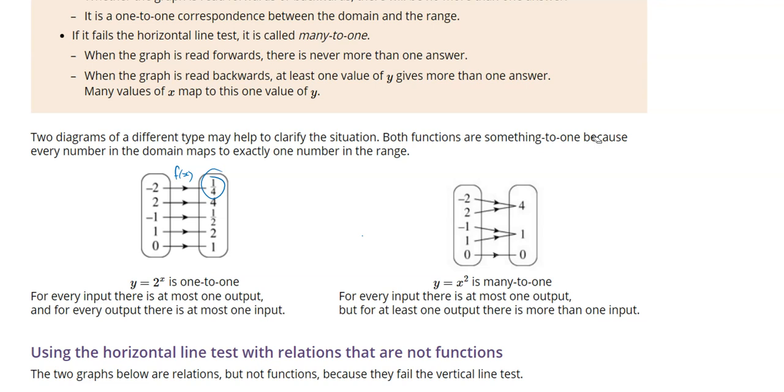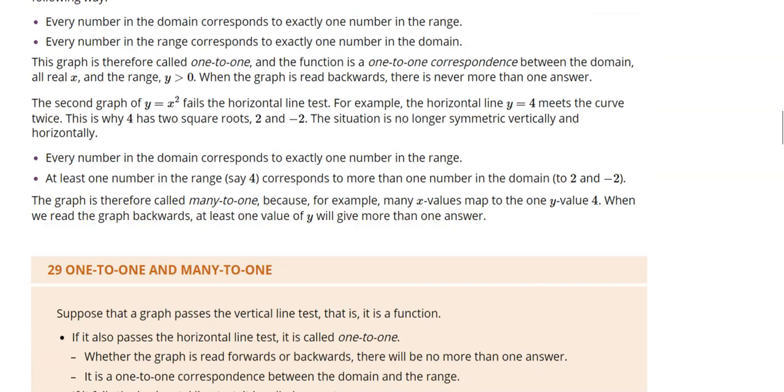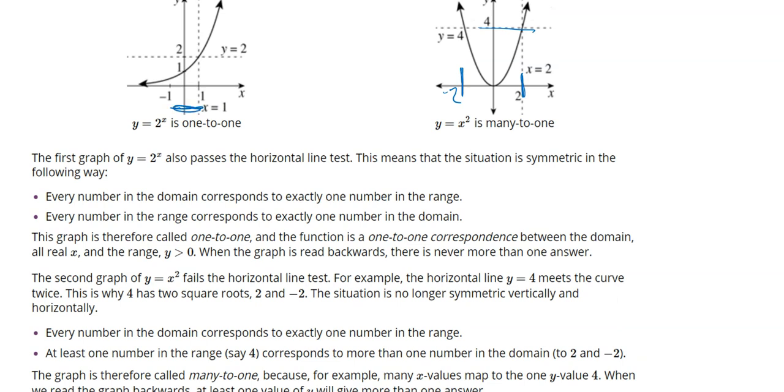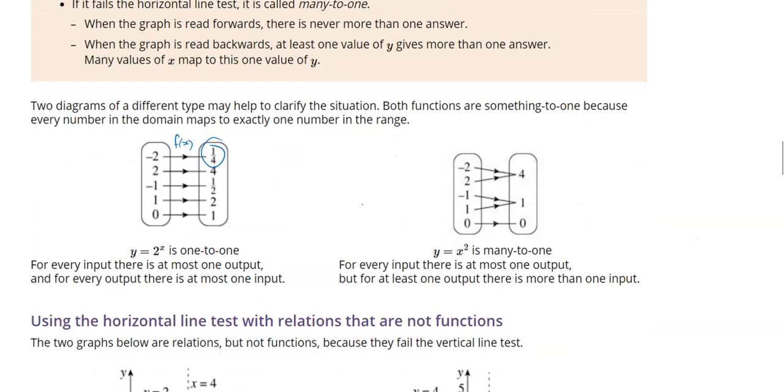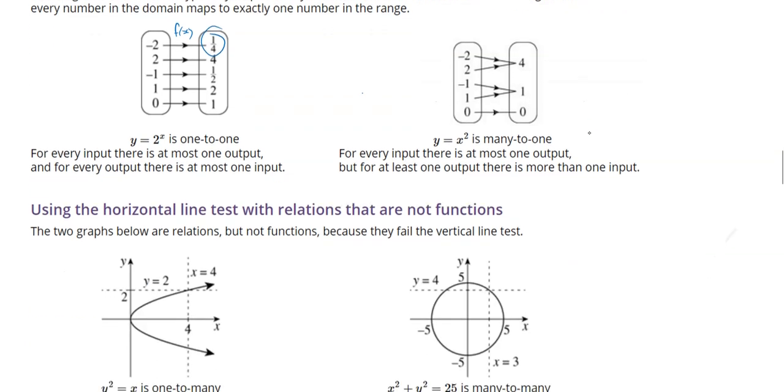Not everything on the right maps to something on the left. For instance, I could have a -2 on the right, and that doesn't map to a number on the left. As we can see here, there's no value for -2. Similarly, on the right one, that's telling us we've got many to one. There are many x values mapping to one y value for a few of them.